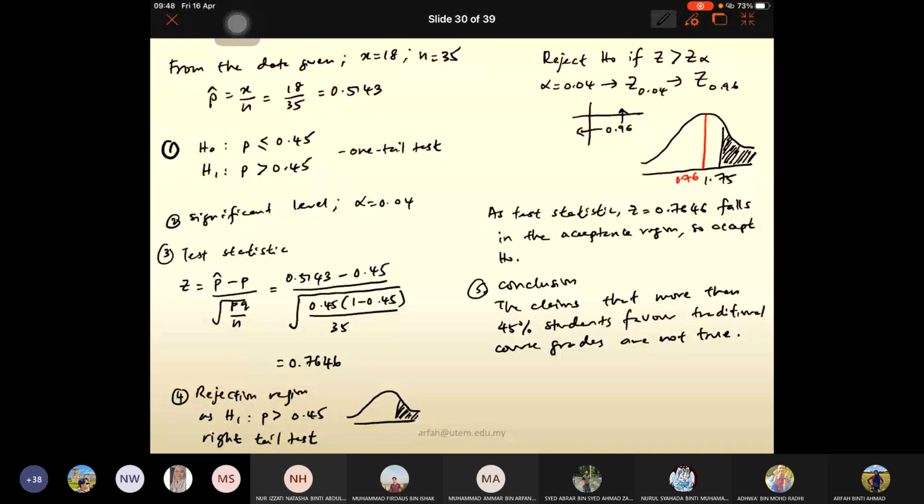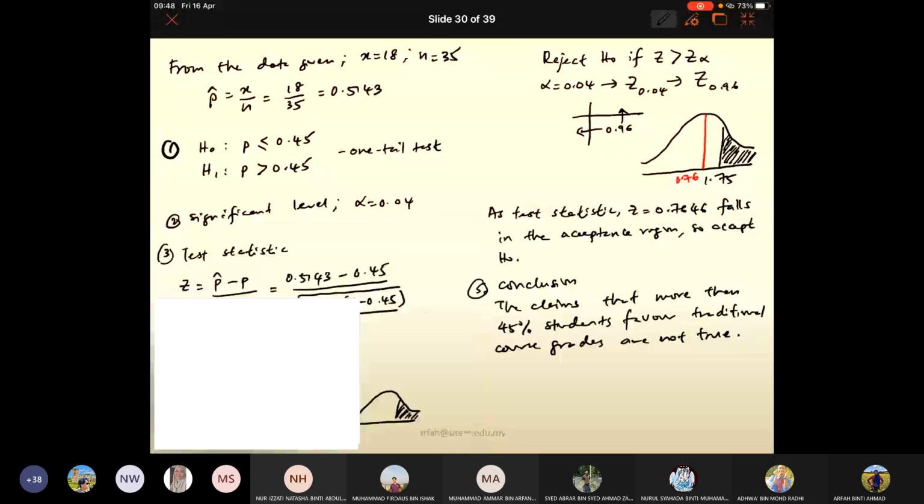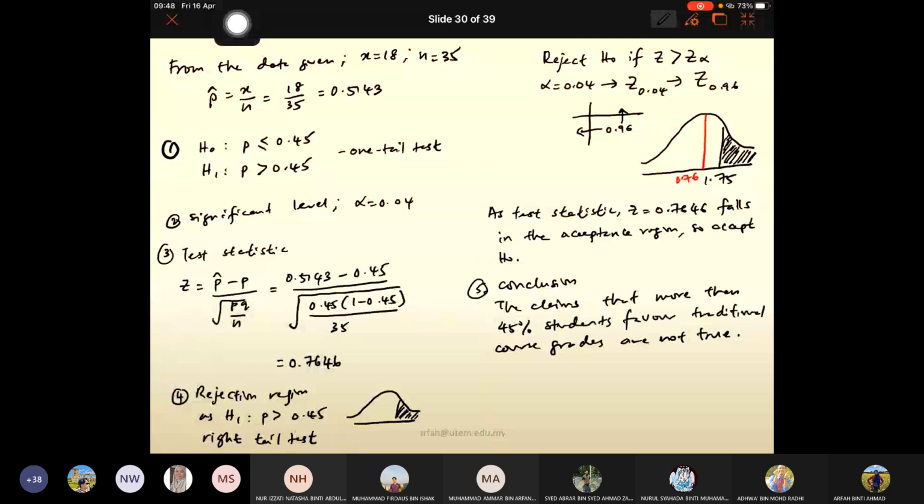Okay, so dapat this is the hypothesis testing. So kalau ikutkan yang ini kita buat hypothesis testing and then we are using the test statistik. Kita kira berapa dia punya test statistik and then kita dapatkan dia punya jawapan, either reject atau accept H null.